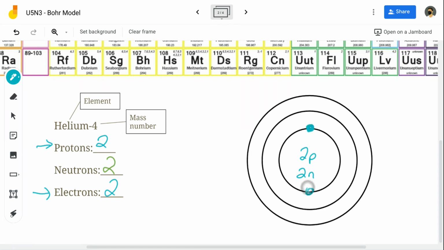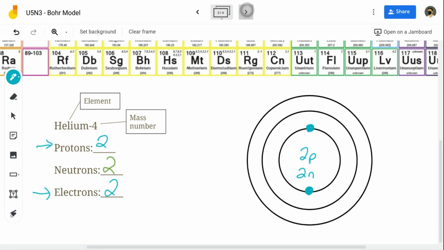Now, when you're drawing electrons, we want to draw them as far apart from each other as possible. We don't want them to be cramped up together, for example, like this, because electrons are the same charge as one another, and that makes them repel. So I'll redraw down here. This Bohr model is finished because there are 2 electrons, which are all of the electrons, and they're both on the first shell.